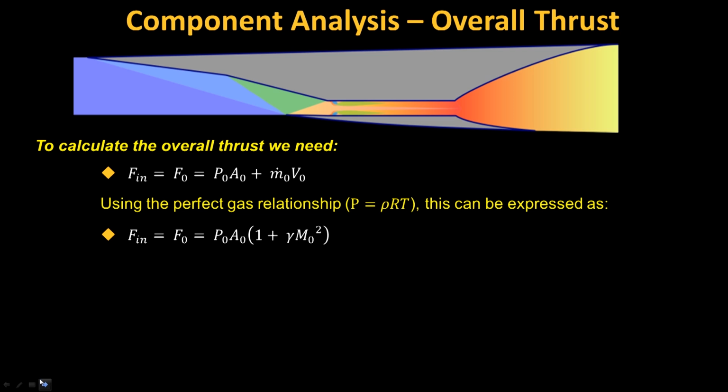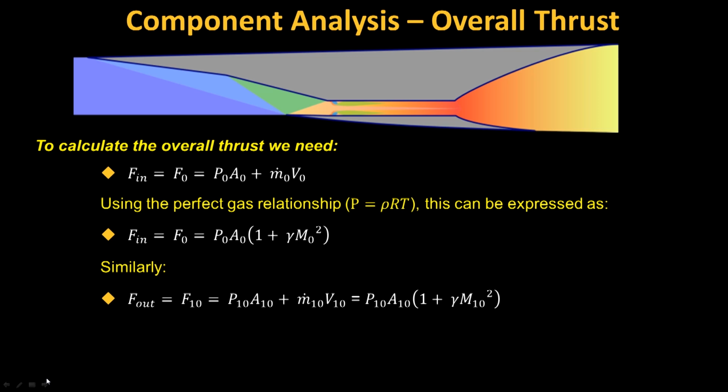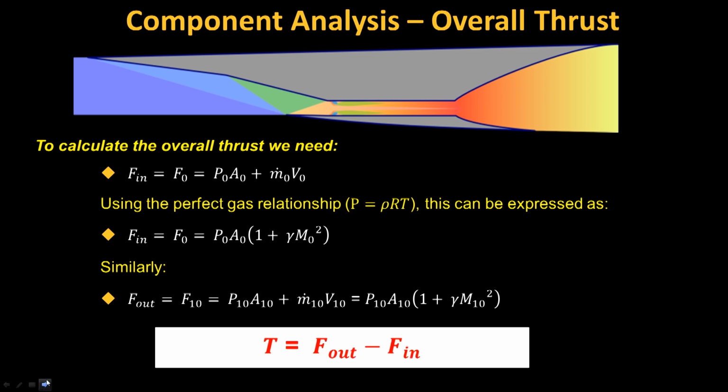Knowing all the properties at station 10, we can similarly determine the outflow stream thrust in terms of P10, A10, M10, and once again the ratio of specific heats gamma. So the thrust generated by the engine is simply the difference between Fout and Fin. In section 7 of the course, you'll have the opportunity to calculate the thrust of a scramjet using these methods.